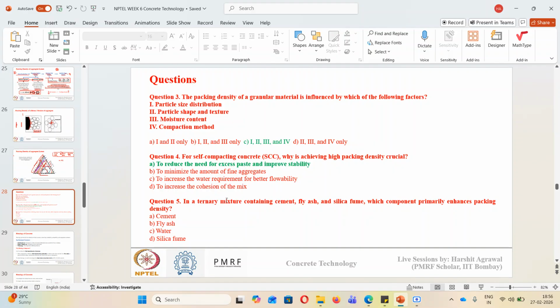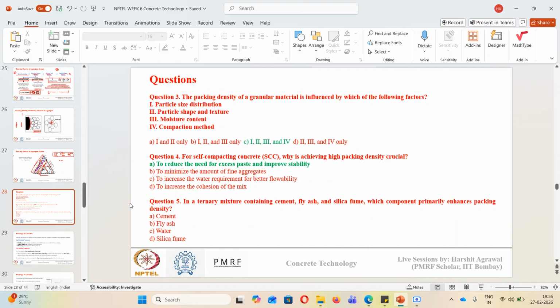Plus, it minimizes segregation issues in concrete, and ensures that there is a uniform mix without requirement of any vibration. So that is the advantage of achieving high packing density in a self compacting concrete. With the reduced paste content, we will have good flowability in the system, and there won't be any risk of segregation or bleeding, for a self compacting concrete.